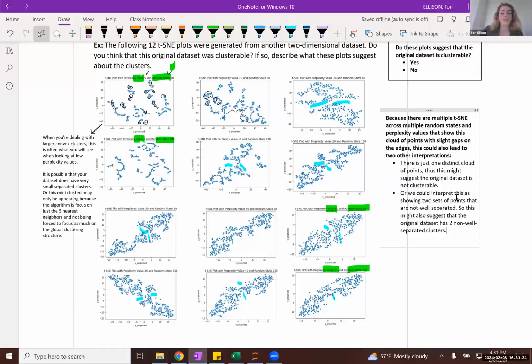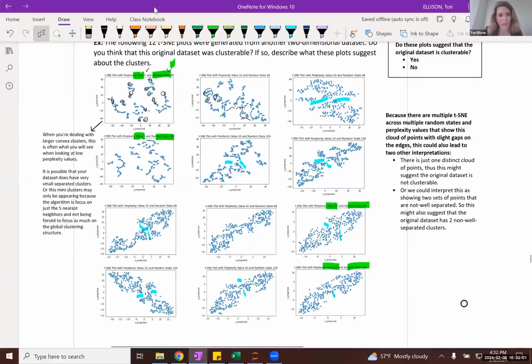Okay, so this is some of the ambiguity that we can get even when we're being the most careful and examining multiple perplexity values and multiple random states across the full range. Based on what we're seeing here, it could be any one of these three interpretations that we have come up with.